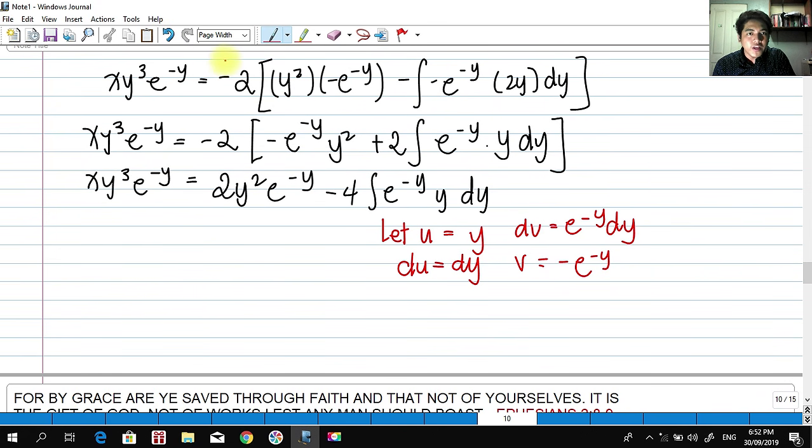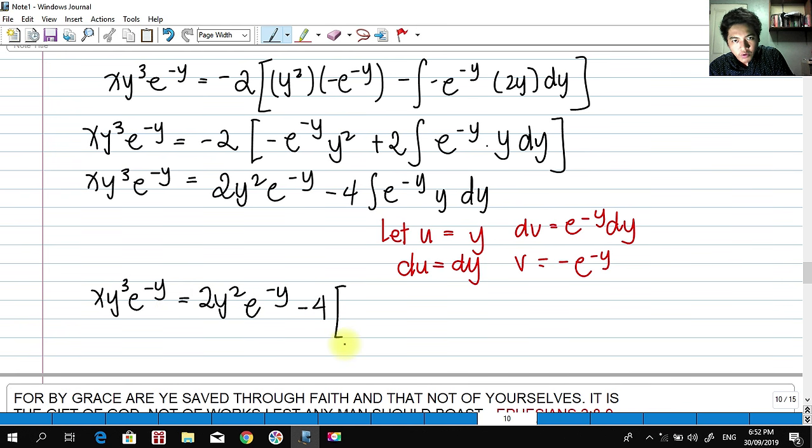So, upon continuation of our solution here, we have xy cubed e raised to negative y is equal to 2y squared e raised to negative y minus 4 multiplied by the integral of this, that is uv minus v du. We have negative y e raised to negative y, that is u times v, minus the integral of v du, negative e raised to negative y.